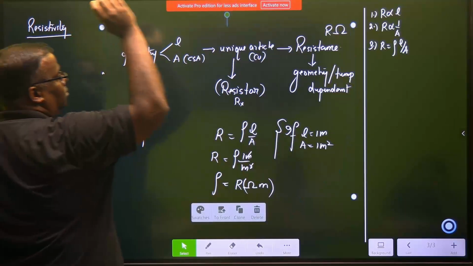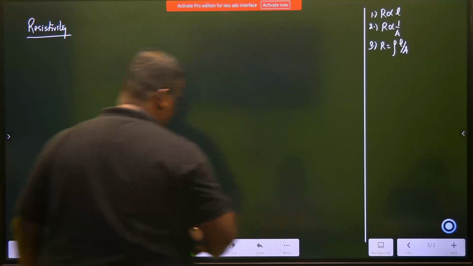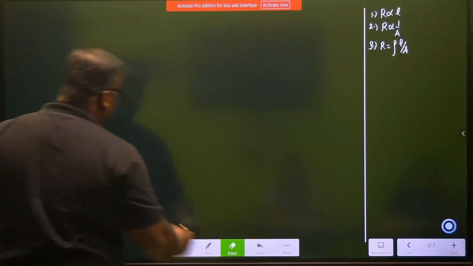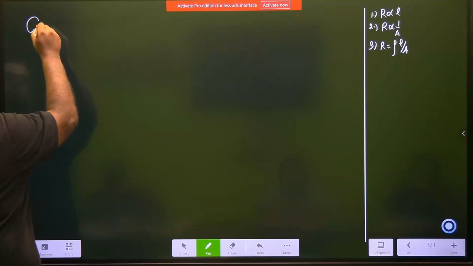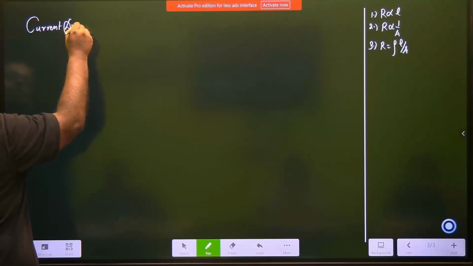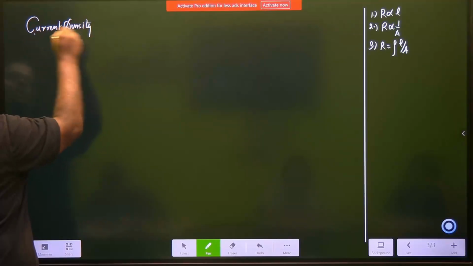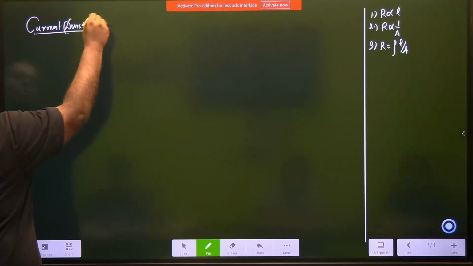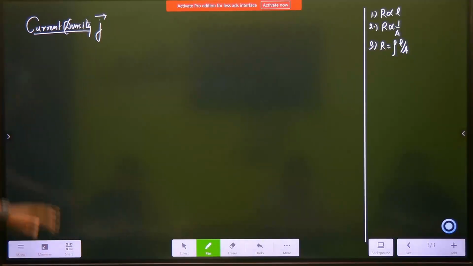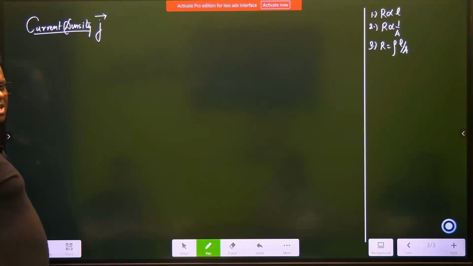Our next fellow is known as current density. Current density is denoted by J, but this is a vector. Current density is a vector. What is population density? Number of people divided by the area of the place.